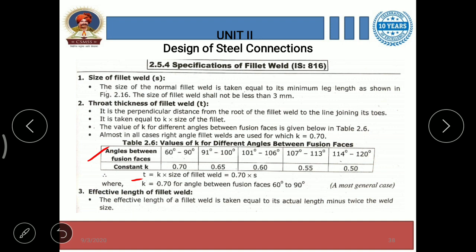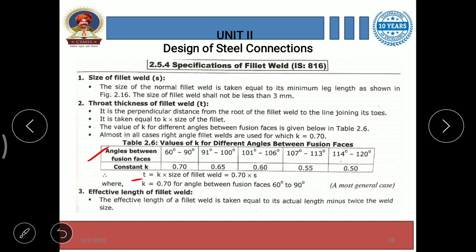The angle between fusion faces is given in the first row, and the value of constant k for these different angles is provided in the second row. When the angle between fusion faces is between 60 degrees to 90 degrees, the value of constant k is 0.7, and the remaining values you can see in this table.